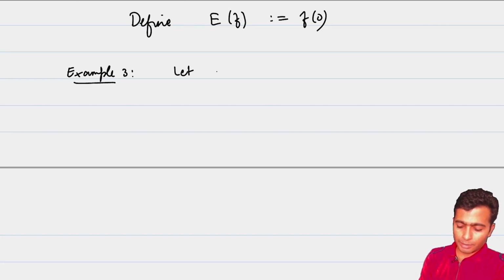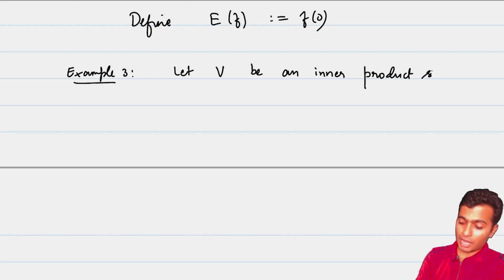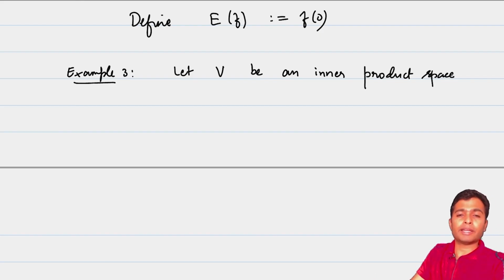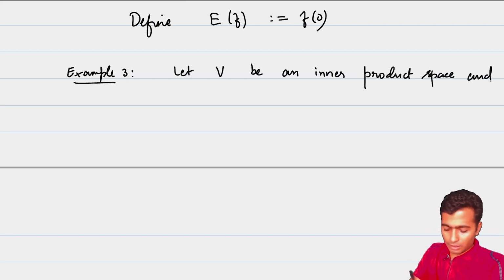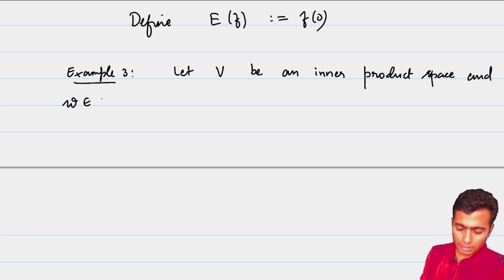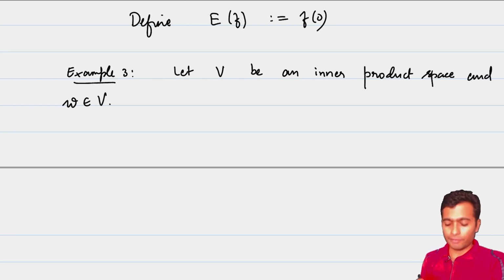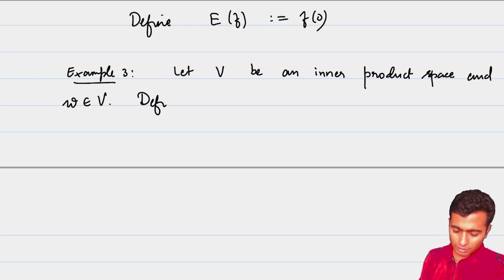Let V be an inner product space. That means we have an inner product at our disposal, and let's fix some vector W in V. Define T(v) to be equal to the inner product of v with W.